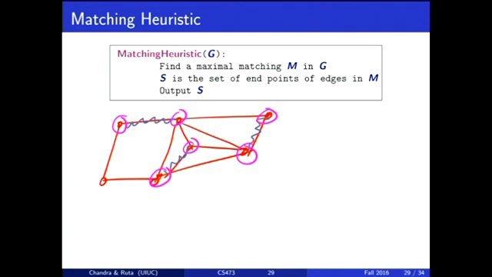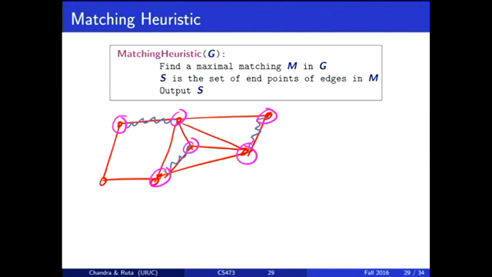But then I should have added it to my matching, and my matching would not have been maximal. If there is an edge which is not covered by set S, I could have added that edge to my matching and it would still have remained a matching. So you agree that it's a feasible solution.